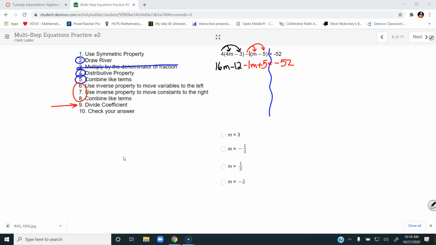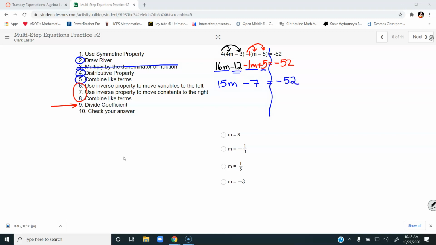All right, so if you look at this, the most common error would be that negative multiplying in that negative 1. So we have 16m minus m, that's going to be 15m. And then you have negative 12 plus 5 is negative 7 is equal to negative 52.